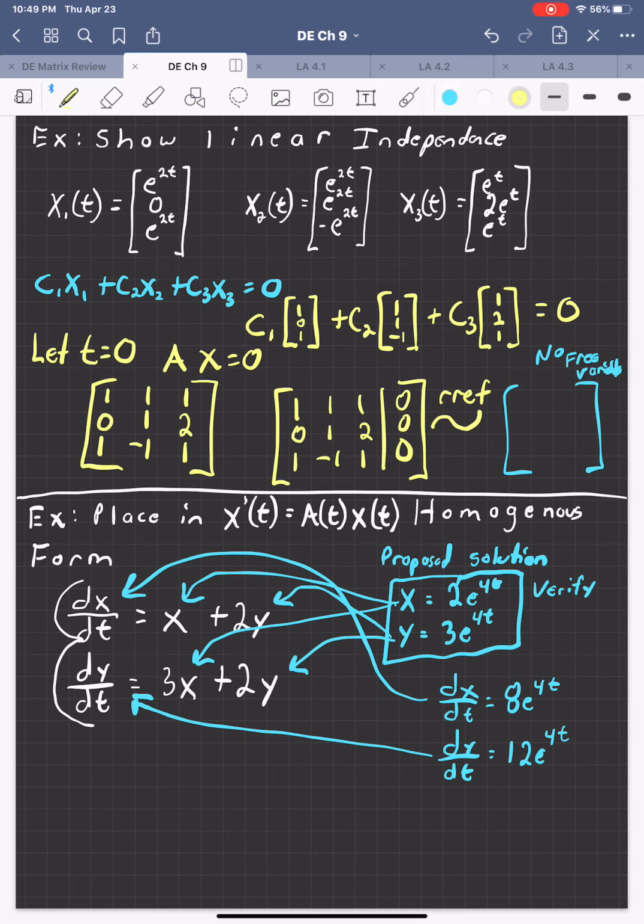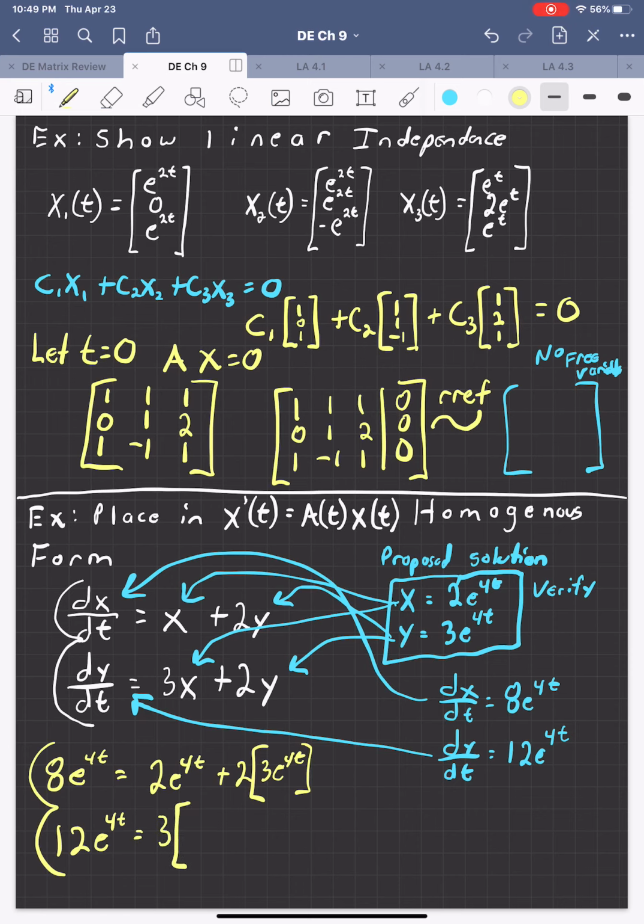And what we would end up with is 8e to the 4t is equal to 2e to the 4t plus 2 times 3e to the 4t. And then we would also have 12e to the 4t being equal to 3 times 2e to the 4t.